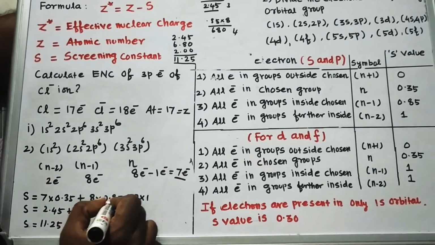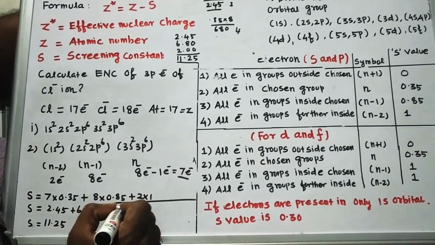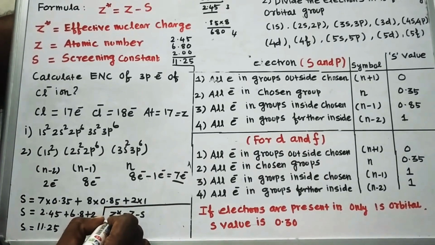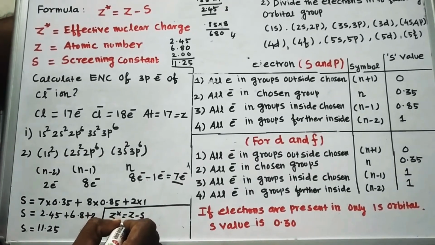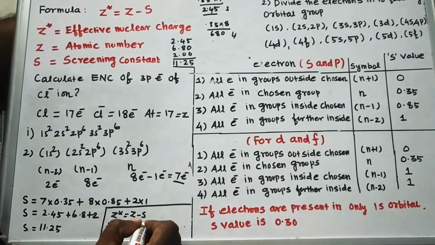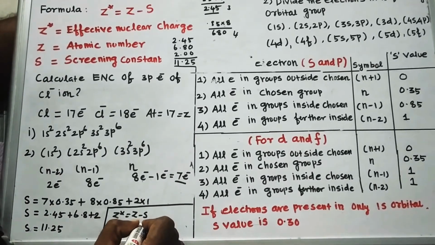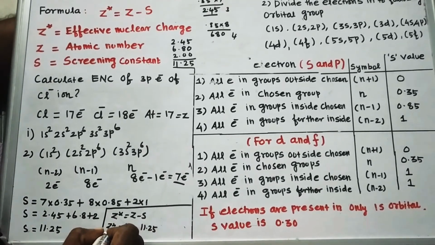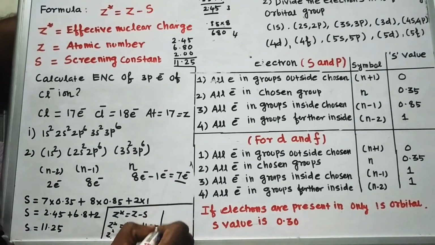Now we have to call it Z star, where Z star is equal to Z minus S. Z is equal to 17 and the S value is equal to 11.25.